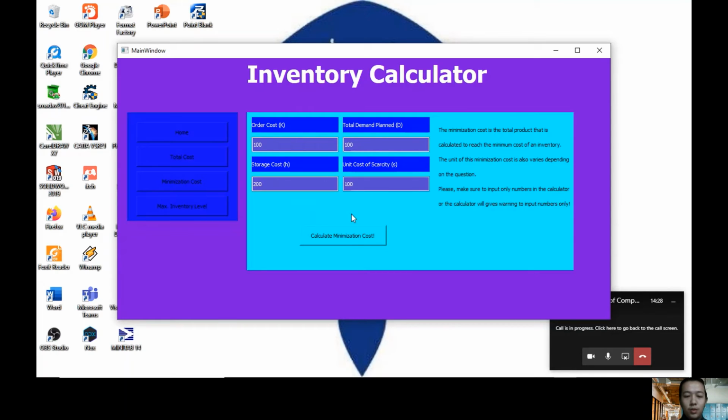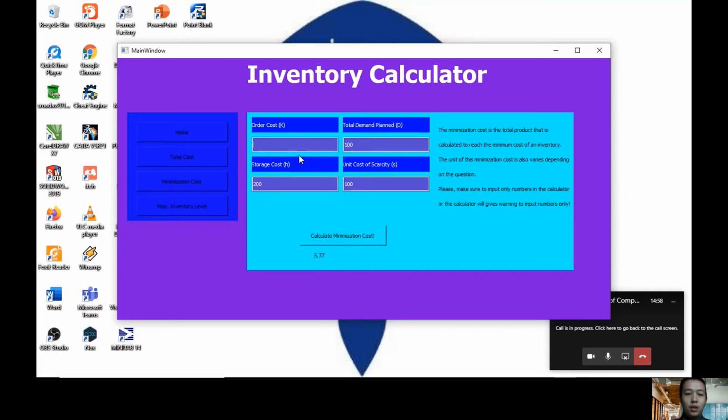So if we calculate it, it will show the result. And the unit of this result is the product type. If it is a pair, then the unit is a pair of product, or if it is a box of product, then the unit is a box of product. So it will depend on the problem.